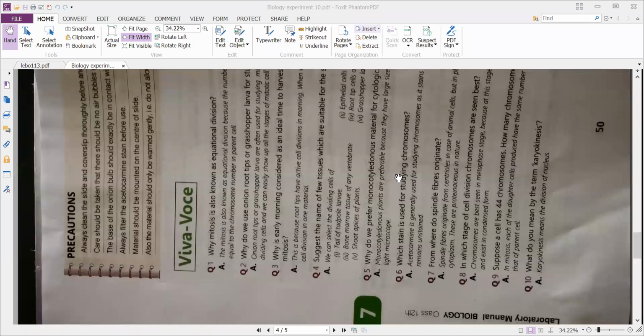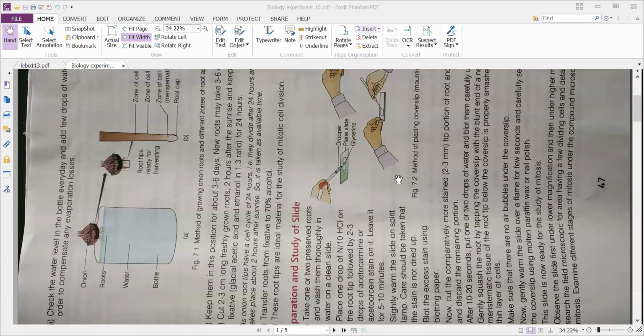Okay, this is experiment number 10. Okay, all of you, if you have any notebook nearby, you can note down the aim.